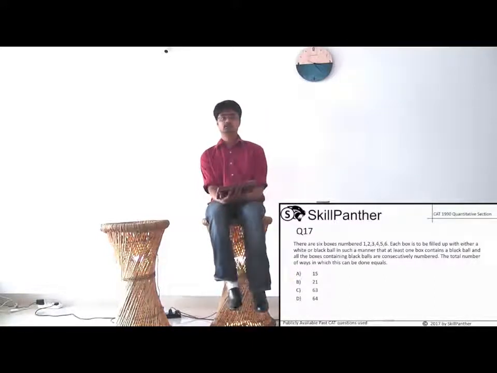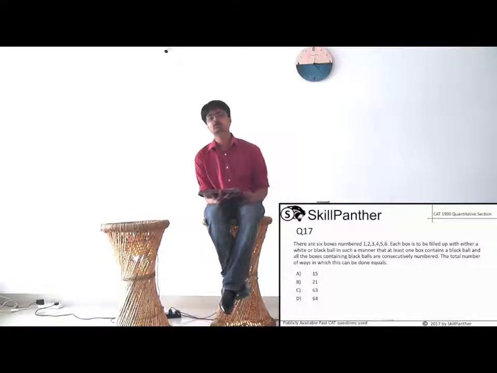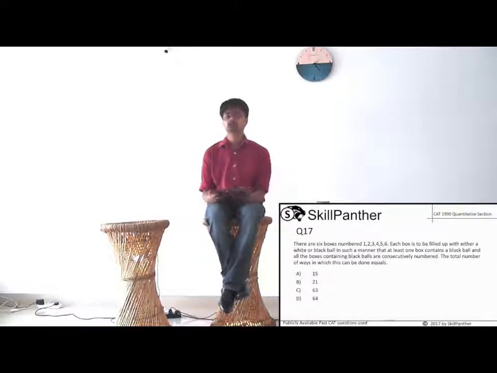What just happened? 6 plus 6 was fine, now suddenly 30. Because we multiplied by the number of ways the second ball can be selected without keeping in mind the constraint that the second black ball has to be in a consecutively numbered box.